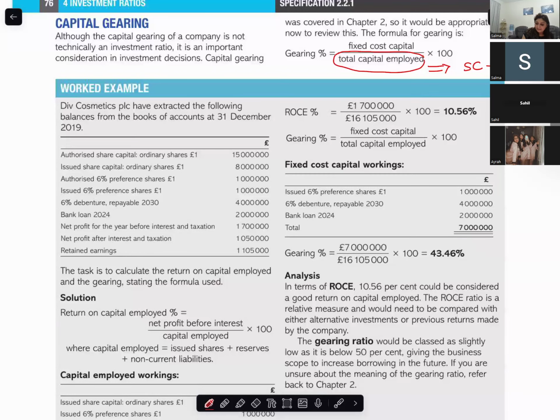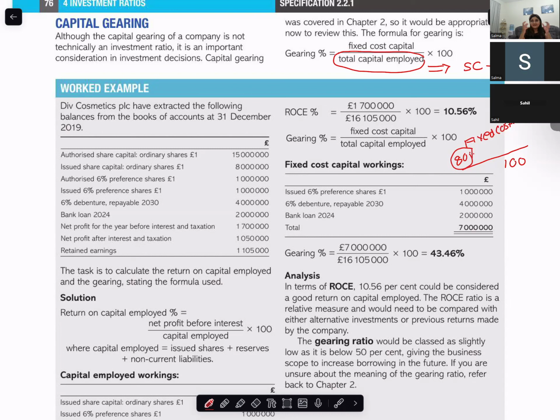Say your total capital is 100 and in this 100, 80% carries some fixed costs. That means you are at a very high risk. Your gearing is too much. Your capital is geared with a lot of interest charges, a lot of fixed costs.